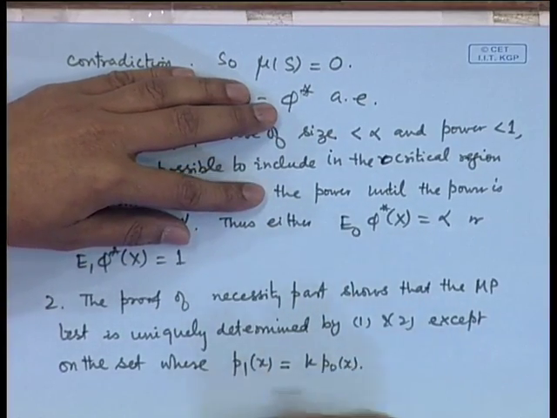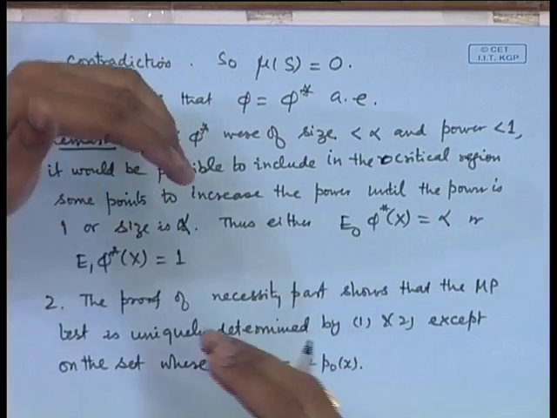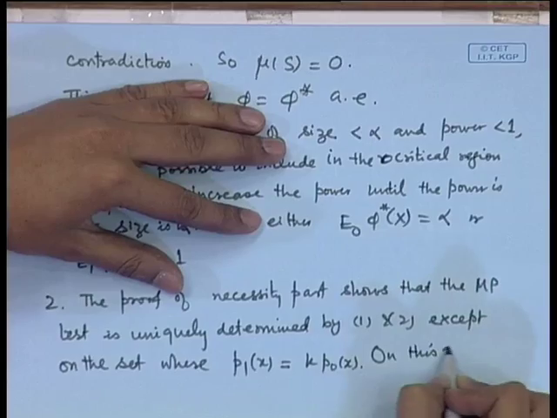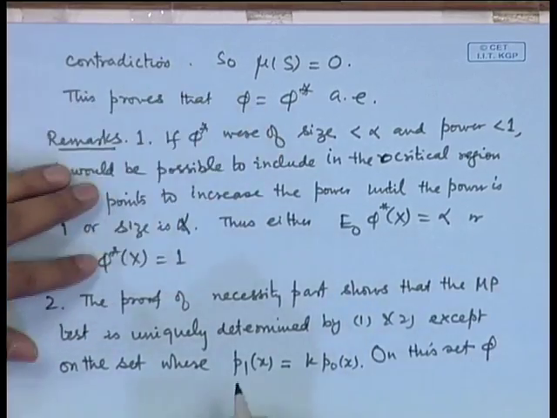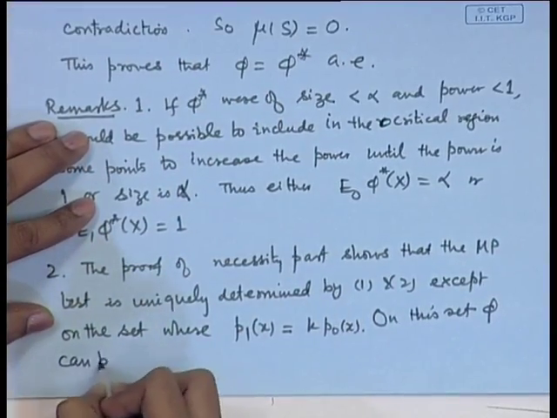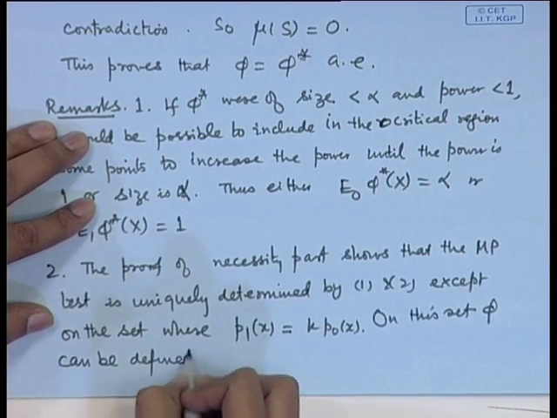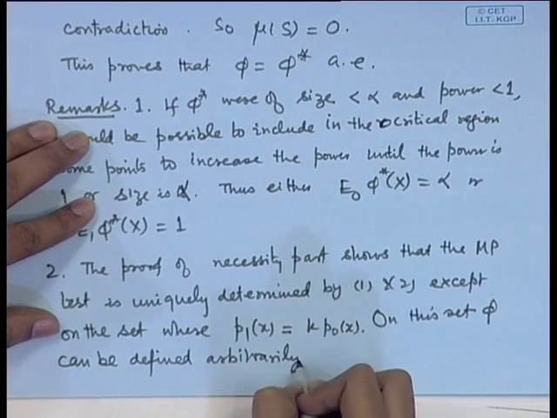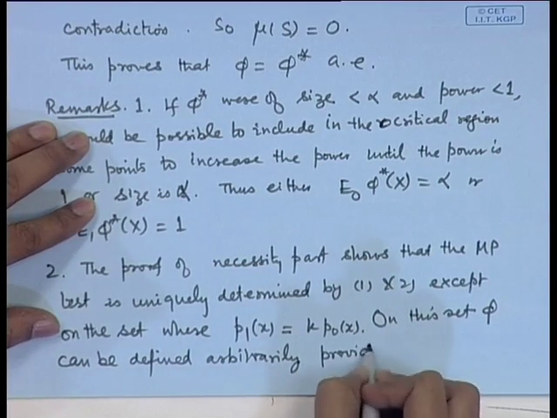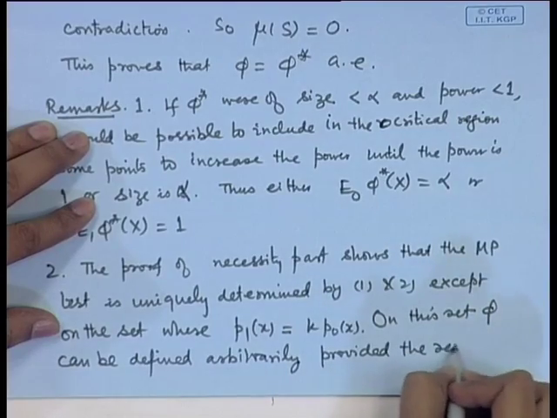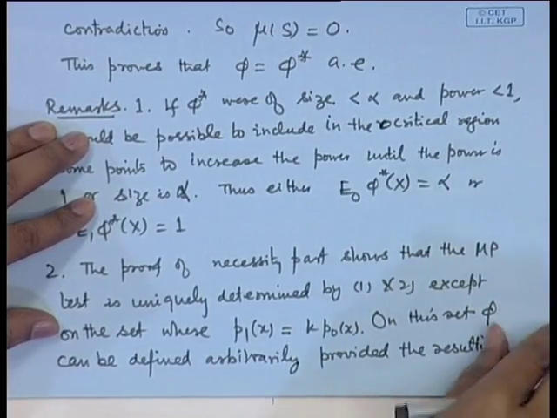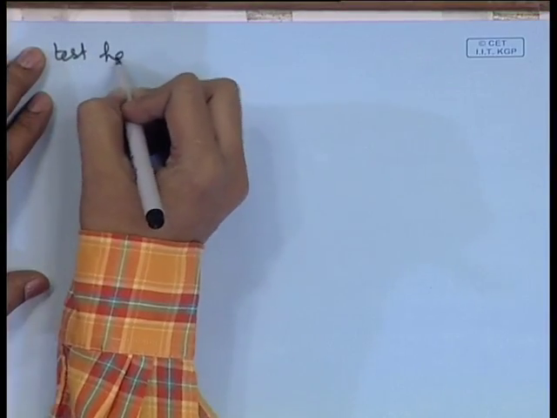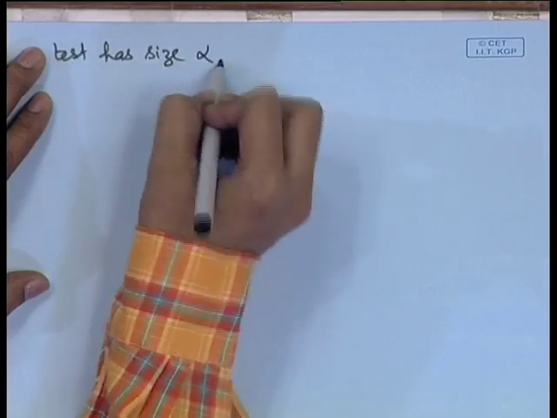That means, on this portion we can define it arbitrarily, but the size has to remain alpha. So, on this set phi can be defined arbitrarily, provided the resulting test has size alpha.